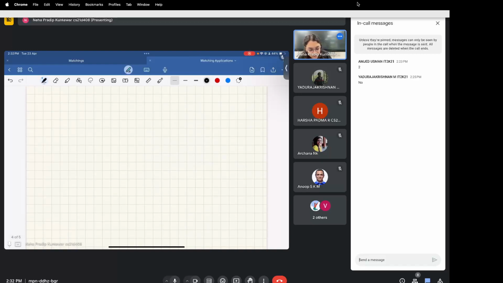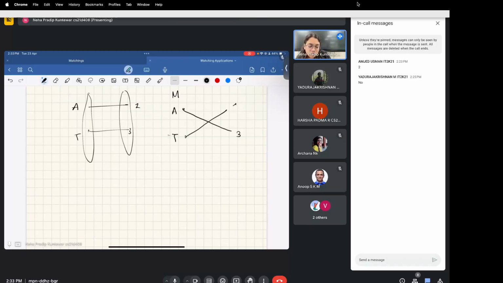Let's say Amjad prefers room 1 and Tulsi prefers room 3, but there is some algorithm that outputs some matching, and what it does is it instead assigns room 3 to Amjad and assigns room 1 to Tulsi.